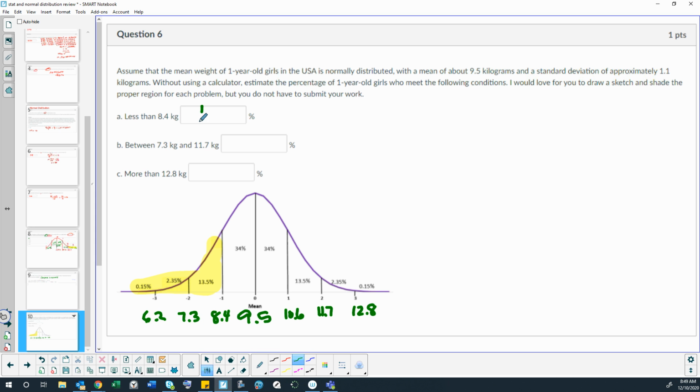Change this to my pen. So 16%. Okay, and then between 7.3 and 11.7, between 7.3 and 11.7 would be this portion right here.